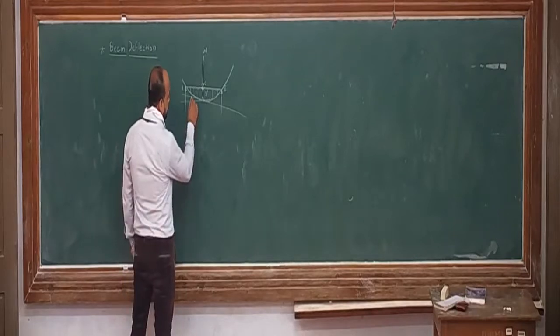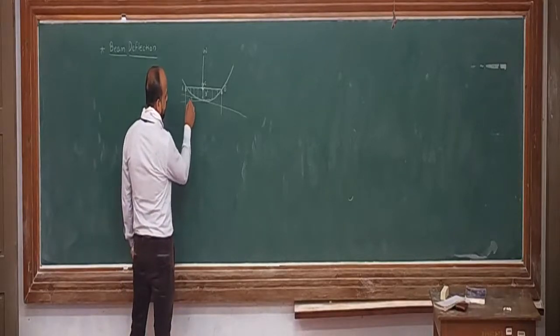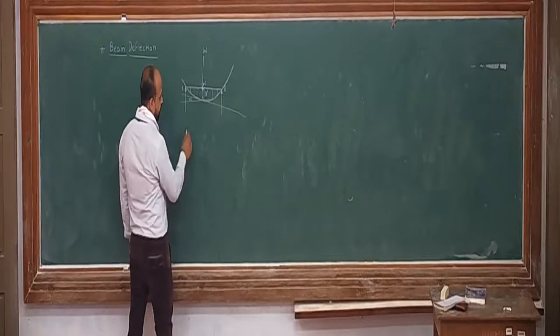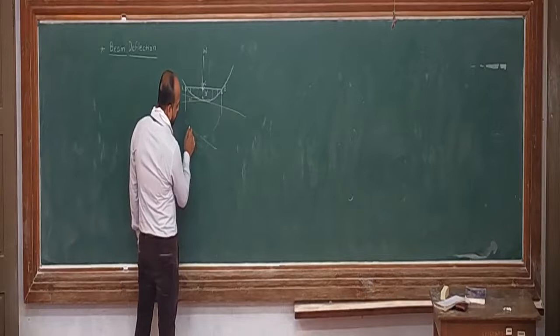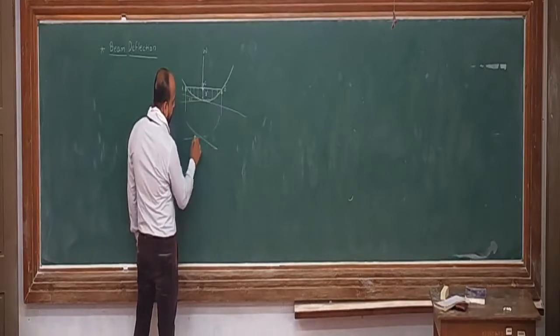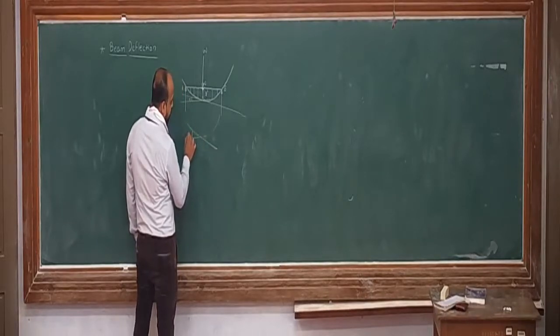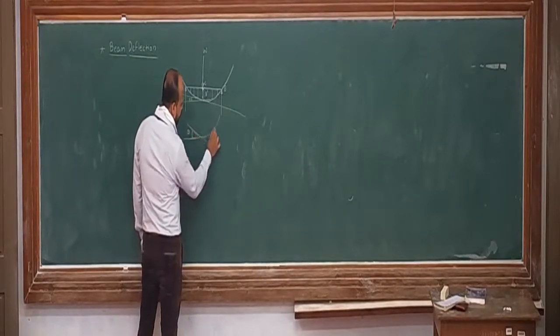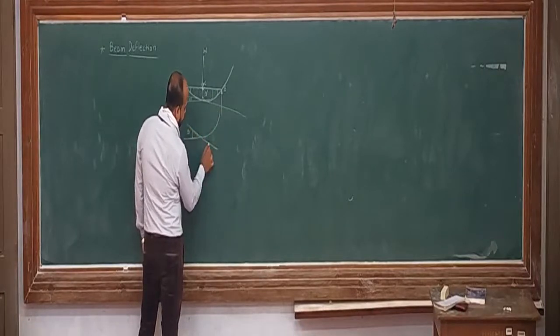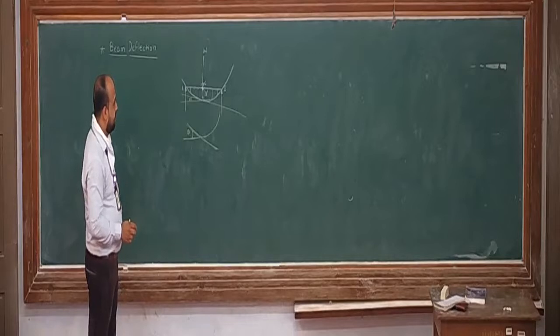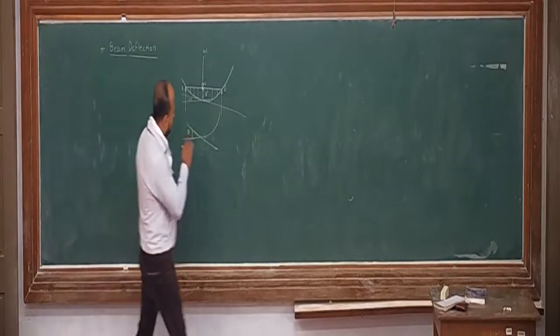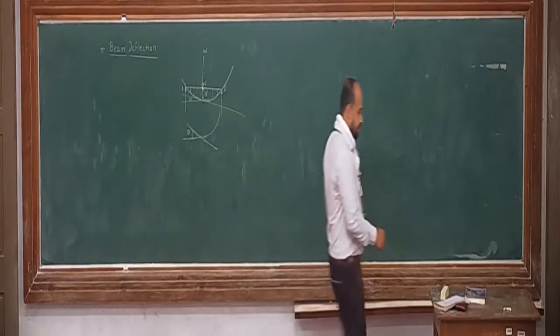So this angle, whatever it is, is nothing but the slope. Suppose this is your deflection curve, draw one tangent, and this will be your theta. That is nothing but the slope of the beam. Okay? Tangent to the deflection curve. Sorry, at that point, we'll see one more time.